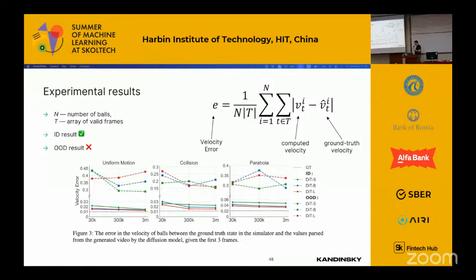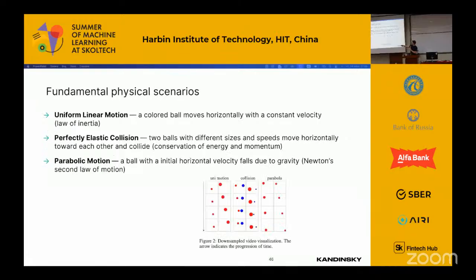That's actually not a good characteristic of that process, because for out-of-distribution, in that easy, simple setup, diffusion transformers cannot approximate the 3 laws depicted here.